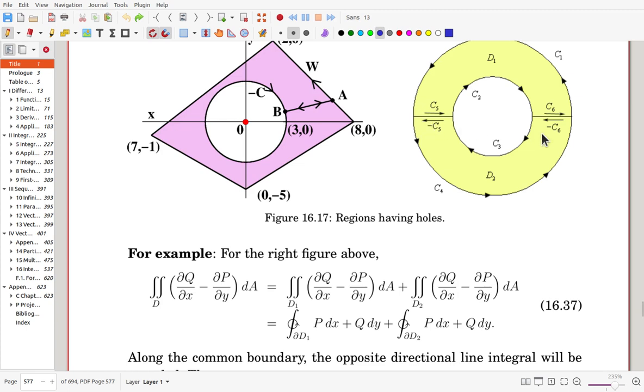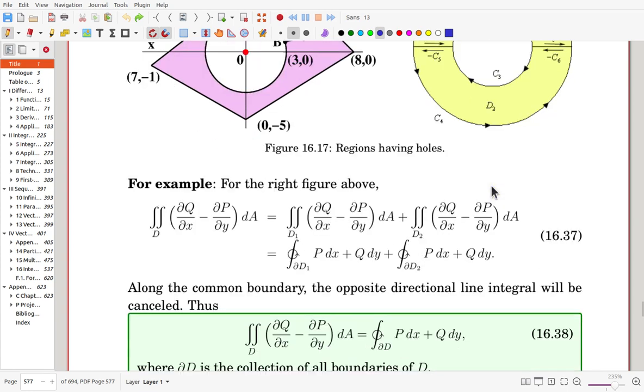The same way, here this will be cancelled, so that eventually the boundary of D1 and D2 are the same as that boundary and this boundary. This will be cancelled here again, along with the cut, the boundary integration will be cancelled.